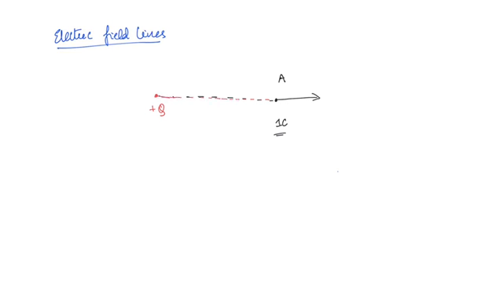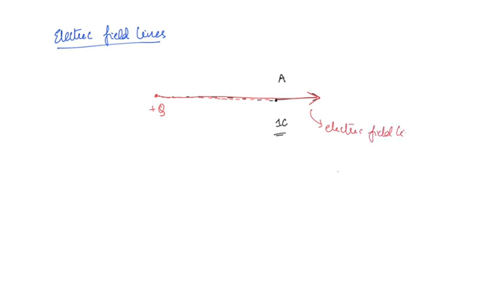So you can draw a line here which gives the direction of force in case a 1 coulomb charge is placed on it. Such a line is called an electric field line.